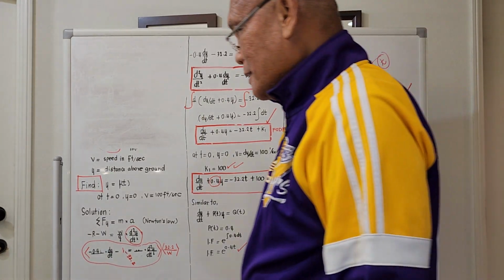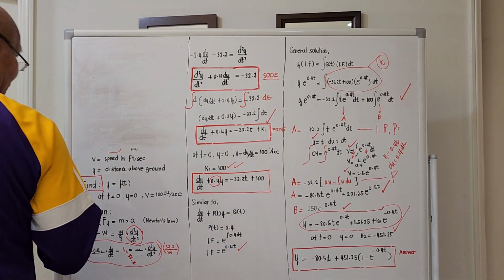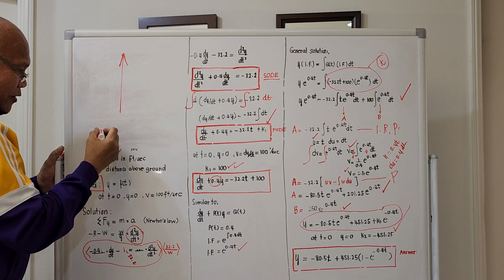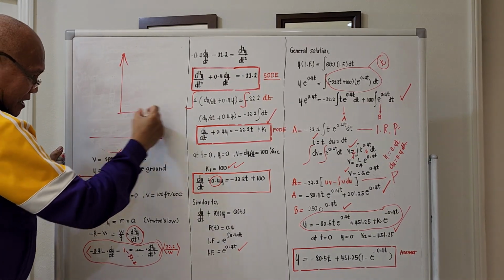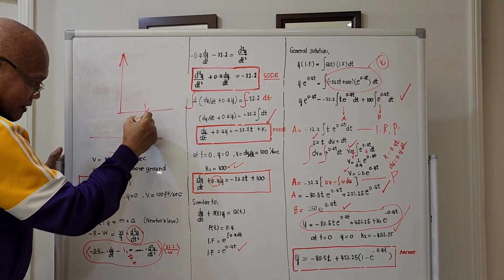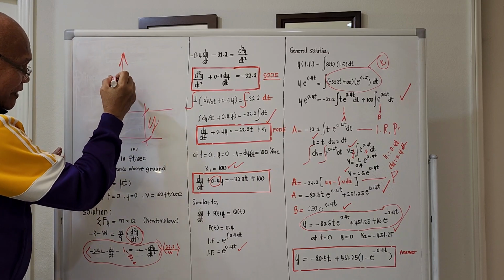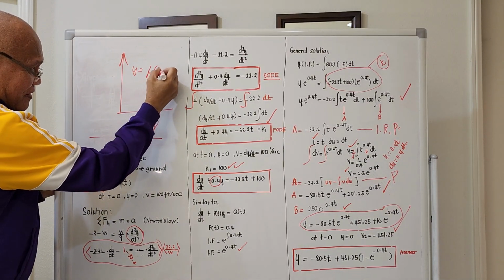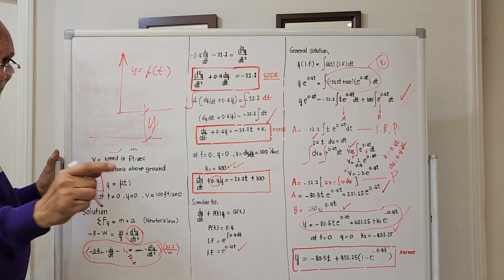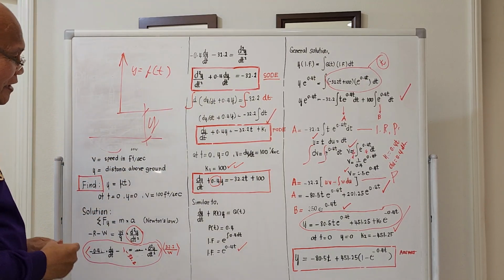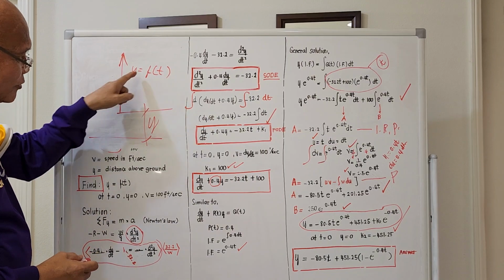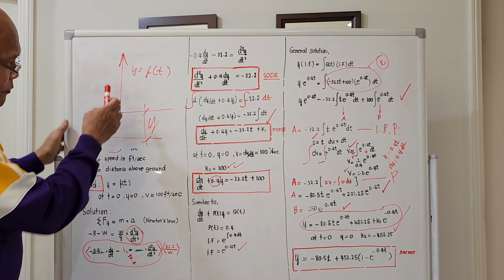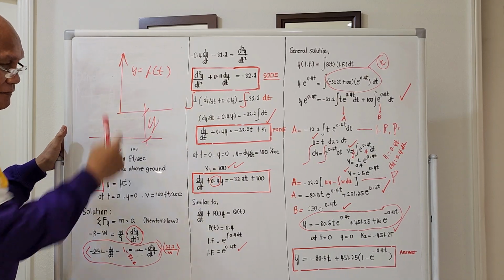Okay guys, that's it. We got a rocket ship moving upward. At any moment in time, its height from the ground is y. And we now know y as a function of time. So choose your problem. If you specify time, you could compute for y. If you specify y, you could compute for time.